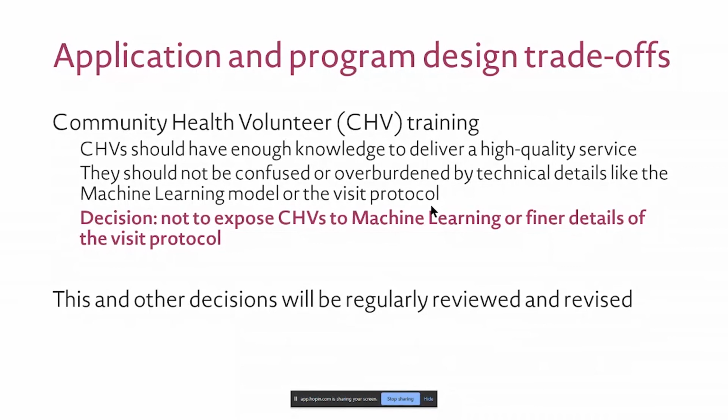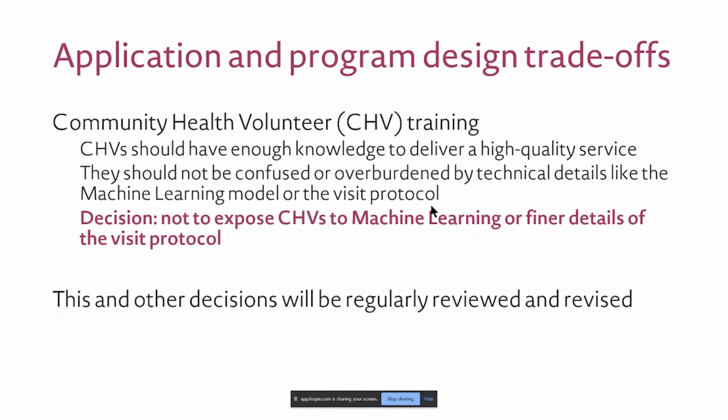So our basic assumption was that CHVs need to have enough knowledge to deliver high quality services, but since they have normally a low level of education, a low level of digital literacy, and a low level of health knowledge, we opted for not confusing and overburdening them with technical details, like machine learning, which is complex to understand, or with details of the visit protocol.